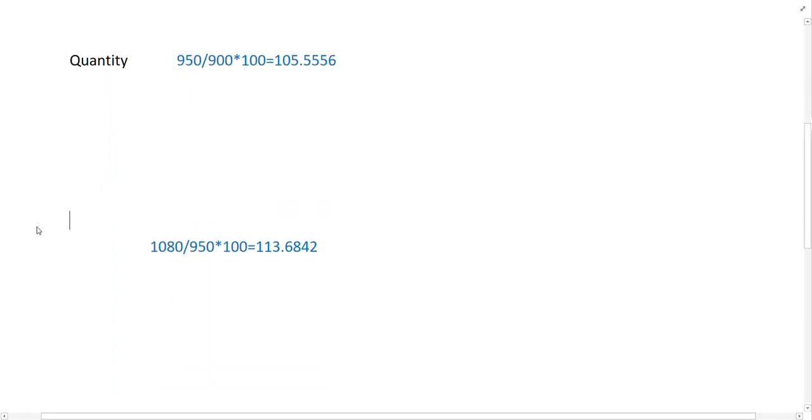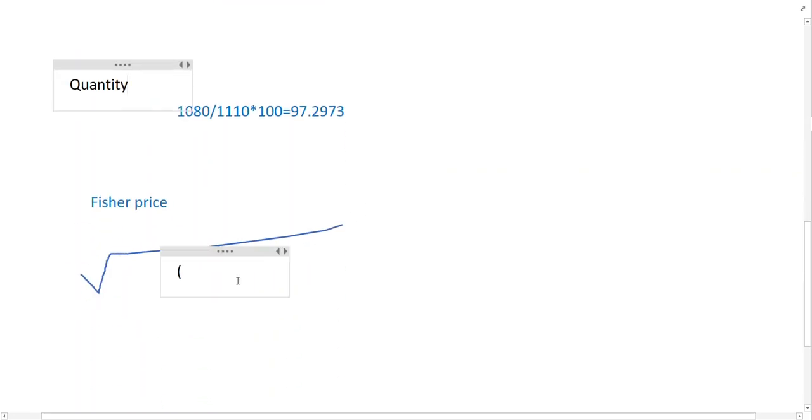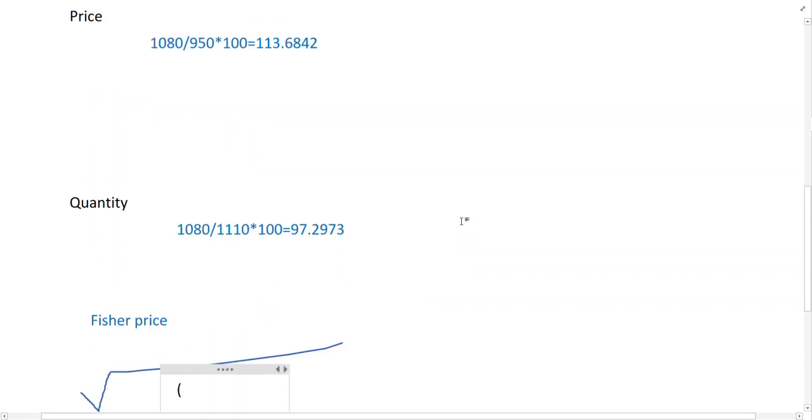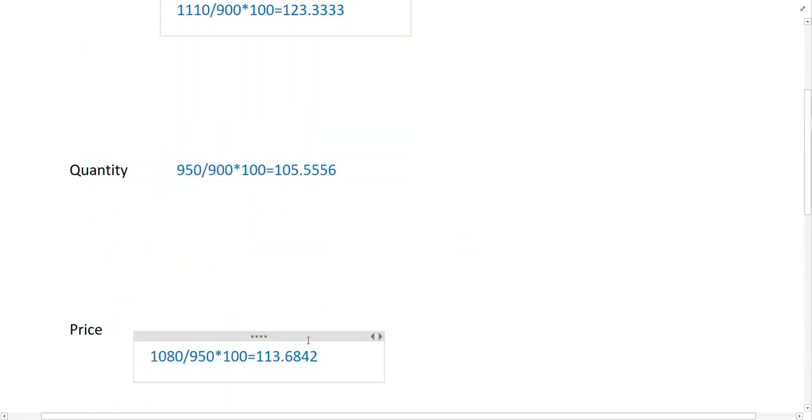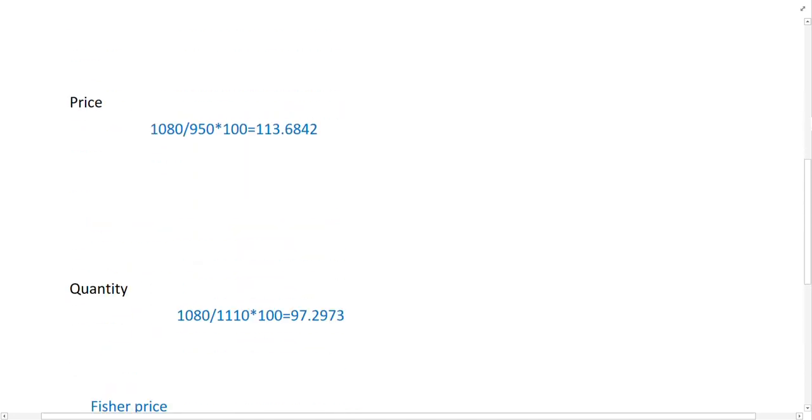This is the Paasche price and quantity. So if you want to take the benefits of both, a kind of average, what you could do is multiply price with price, which is 123 multiplied by 114 if we round it off, and take the square root of that.